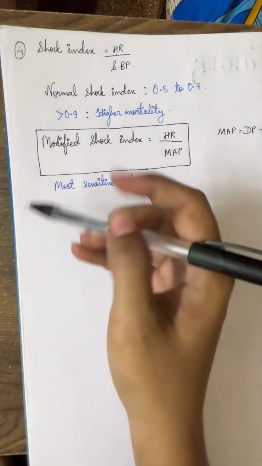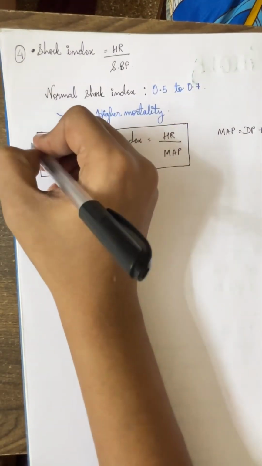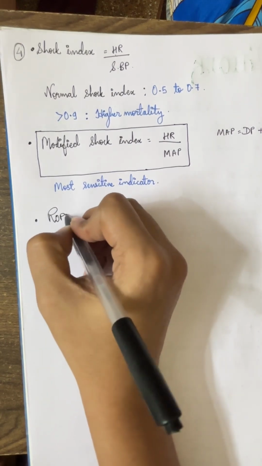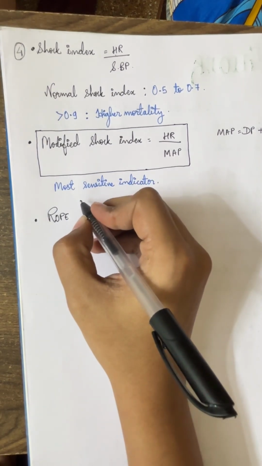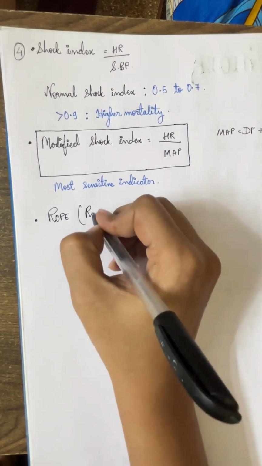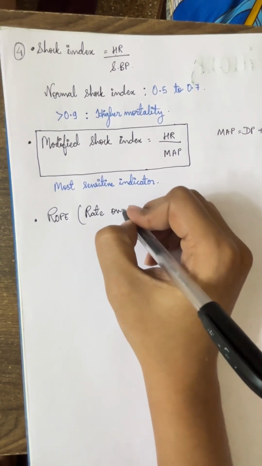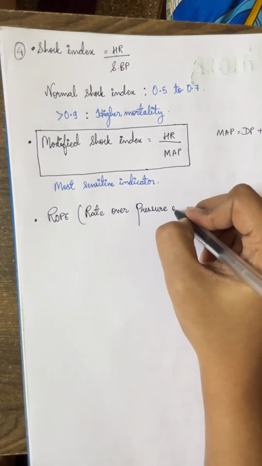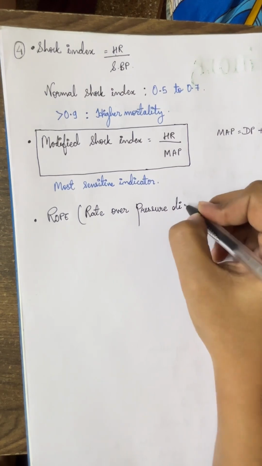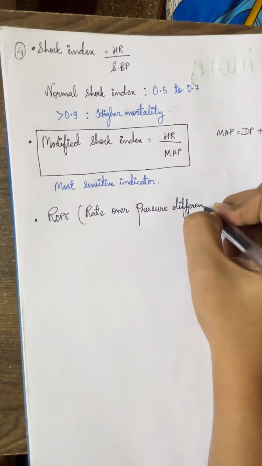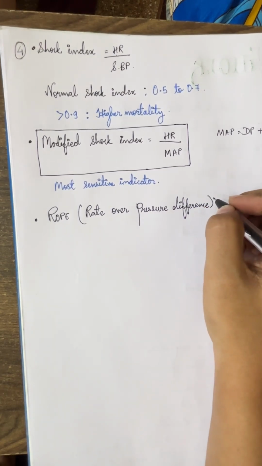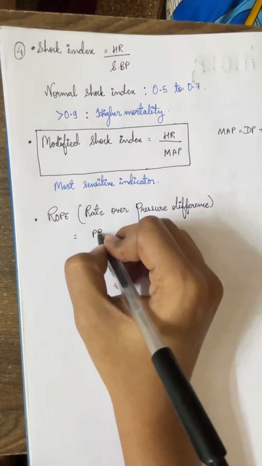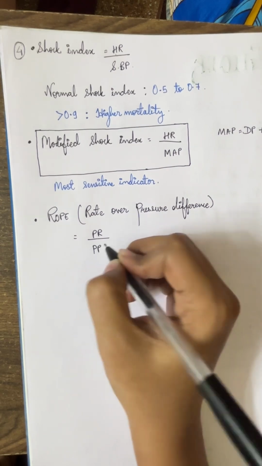Now there is one more indicator, that is ROPE. ROPE is rate over pressure difference, and is calculated by the formula pulse rate upon pulse pressure.